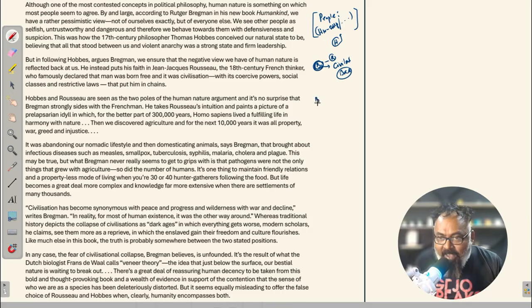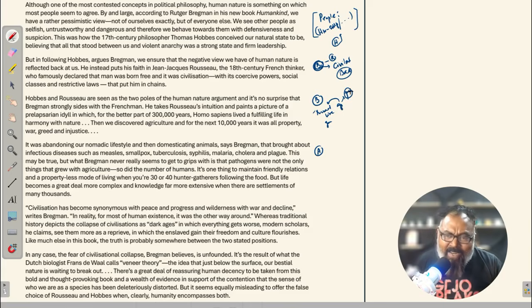Bregman says here in the third paragraph, what does Bregman say? If you remember very clearly, it says that nomadic life, pre-agriculture, was beautiful, good. Agriculture created the problem. The author says, I do understand that nomadic life is okay.